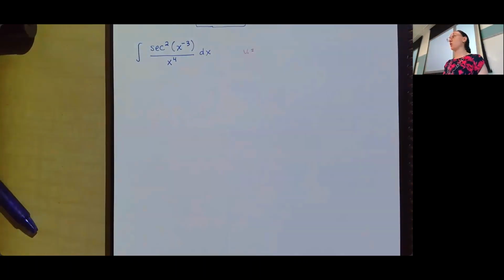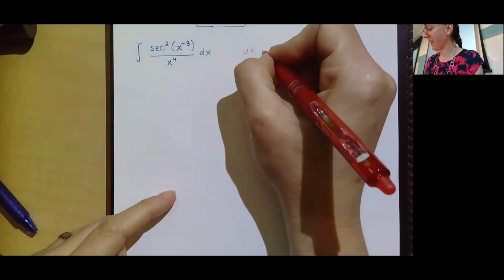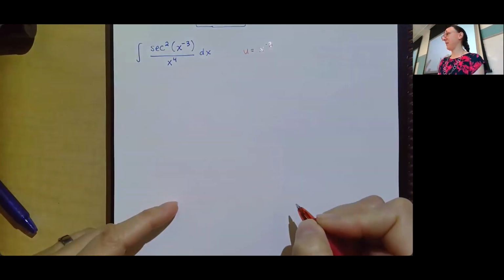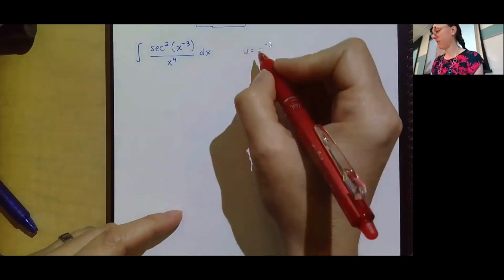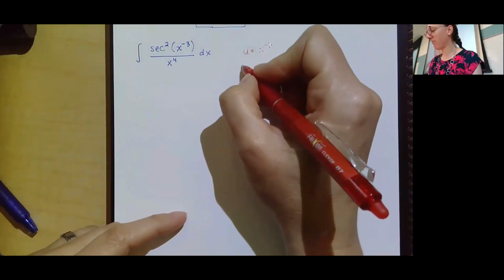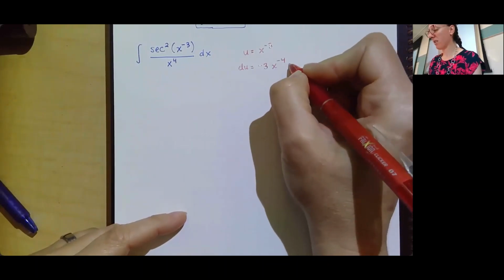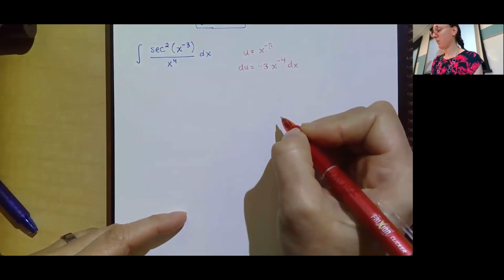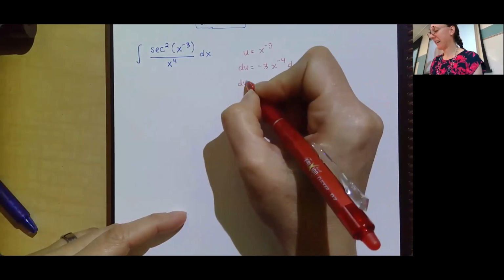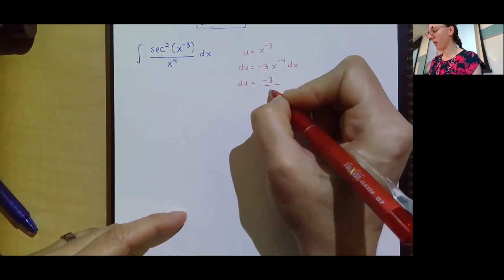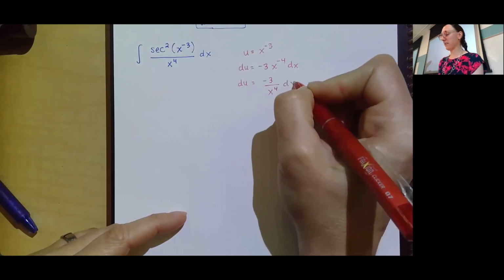The function whose derivative is secretly in the problem is x to the negative 3. Because when I take the derivative of x to the negative 3, I'm going to get negative 3x to the negative 4, which can be written as negative 3 over x to the 4 dx.